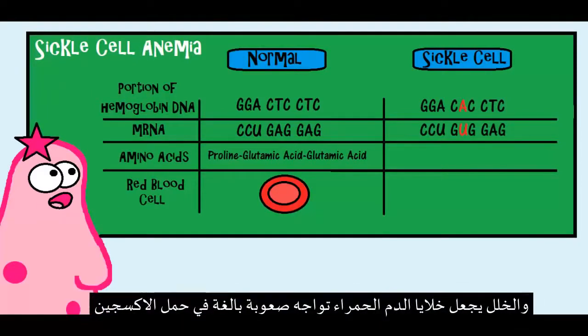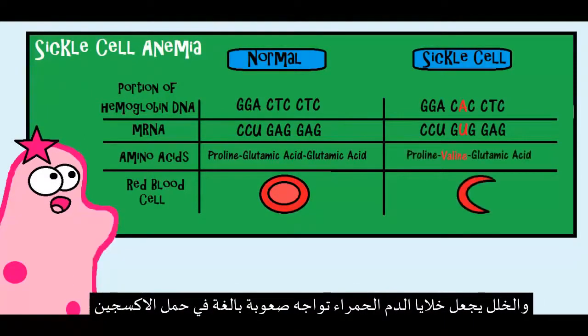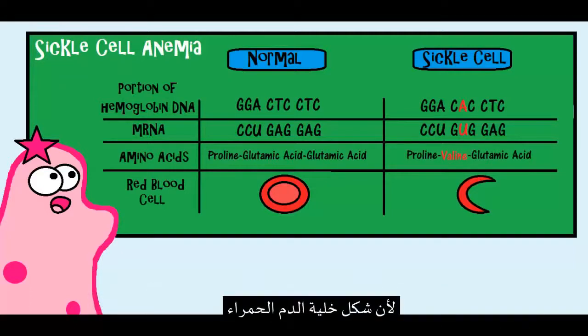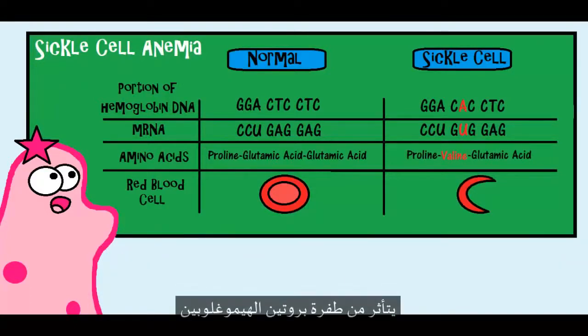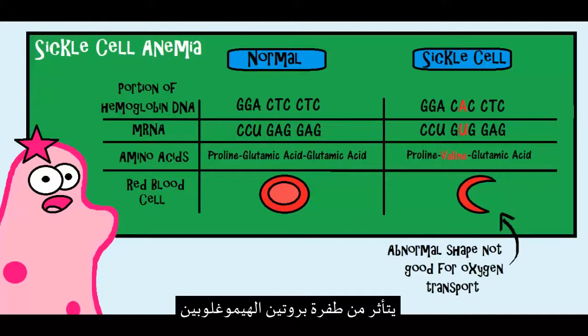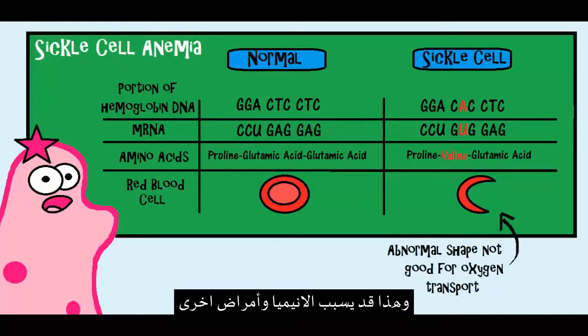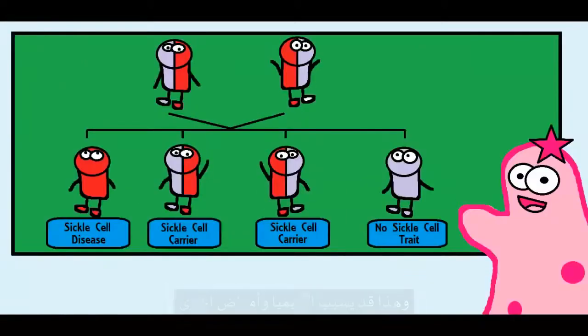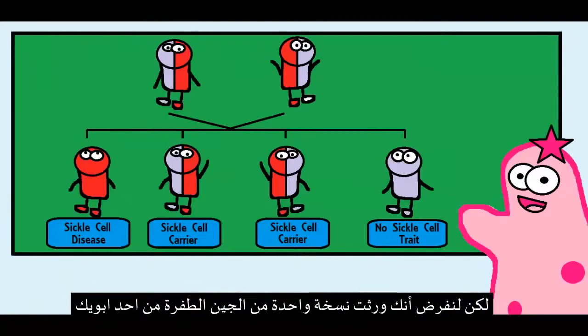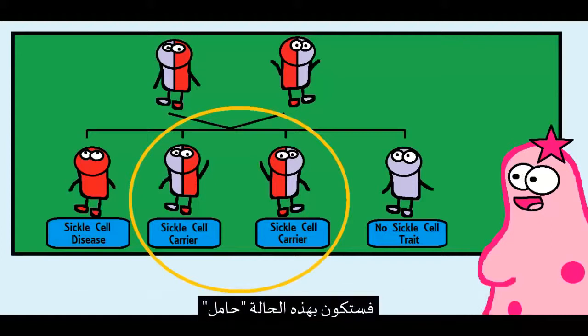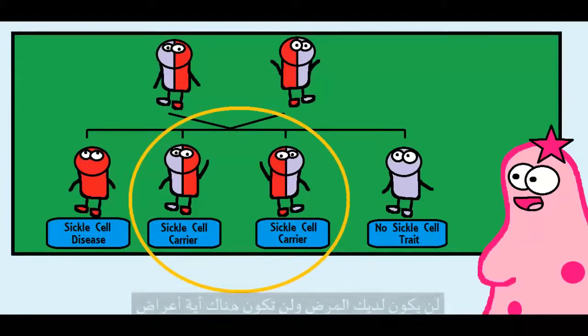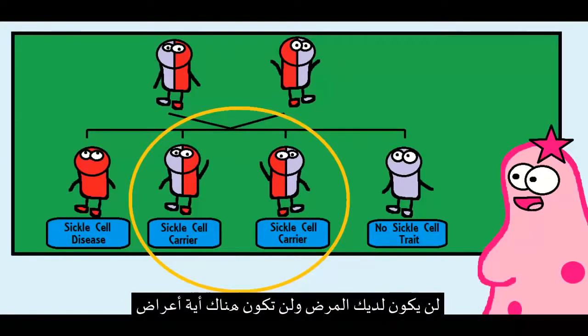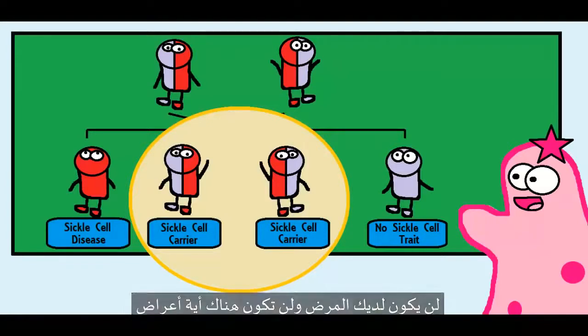And the disorder makes it very difficult for your red blood cells to carry oxygen because the shape of the red blood cell, it's affected from this mutated hemoglobin protein. And this can lead to anemia and other problems. But get this, let's say you just inherit 1 copy of the mutated gene from one parent. You're going to be considered a carrier, but you don't really officially have the disease, and usually you don't even have symptoms.